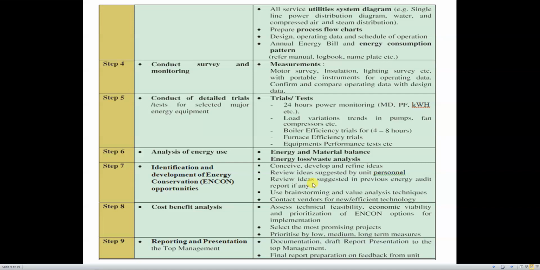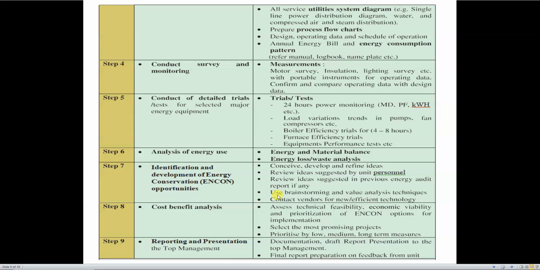If the industry had an audit in the past, suppose 2018, then the energy conservation opportunities from that audit, you can take inspiration from, you can review the same opportunities, and you can use them in your report. Okay, you can take the help.